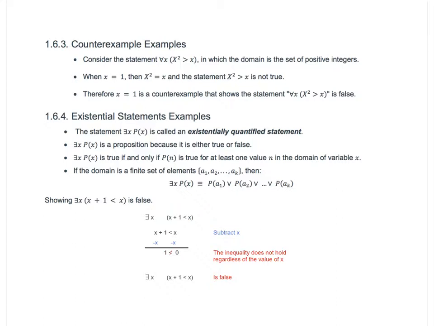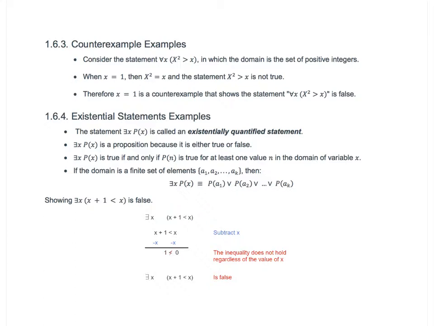You can say there exists an x, P of x is logically equivalent to the disjunction of these statements: P of a1, P of a2, P of a3, all the way to P of ak, which means that we can replace x by all the elements in the finite set a1 all the way to ak, which was the domain of variable x, and then the k obtained statements should be ORed together in order to construct the existentially quantified statement.